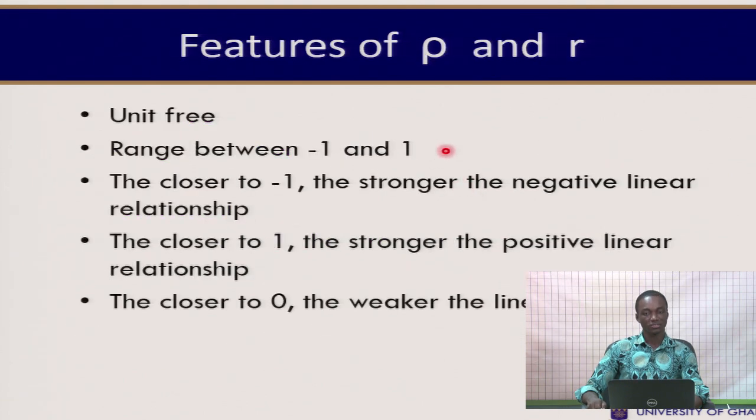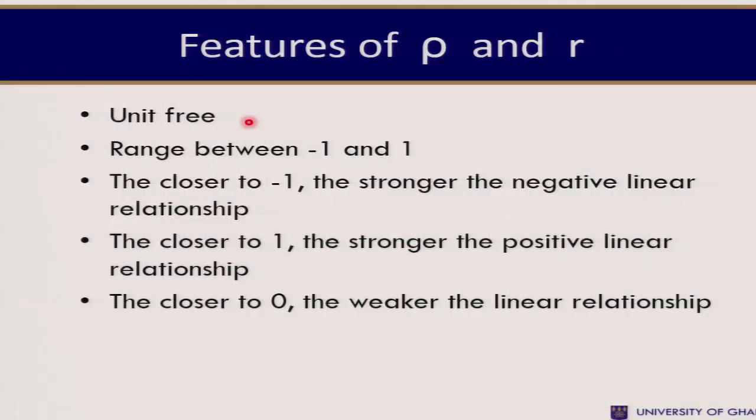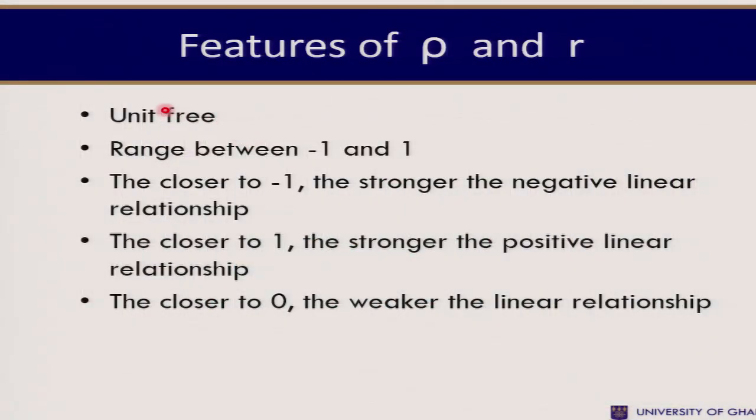These are some of the features of the correlation coefficients, that is, for rho and then for r. It is unit free, that is, it is not measured in any unit.